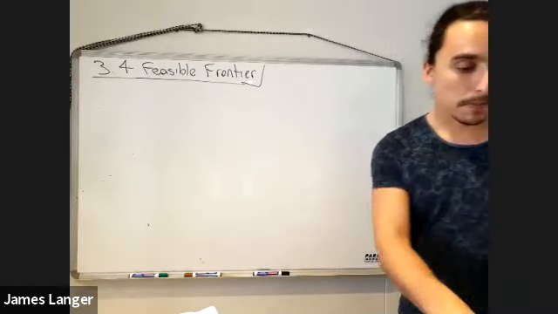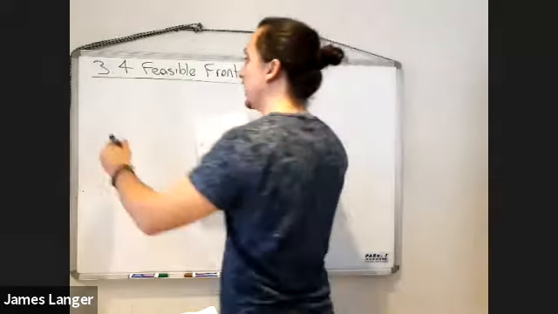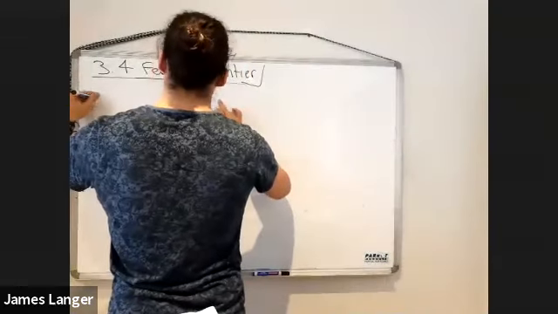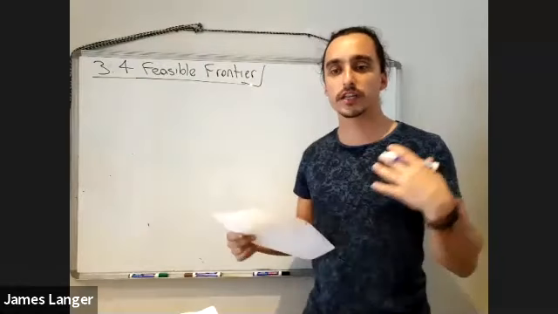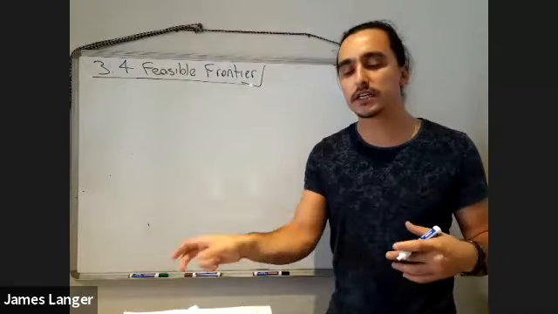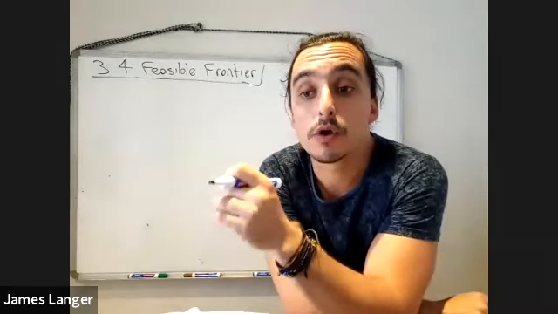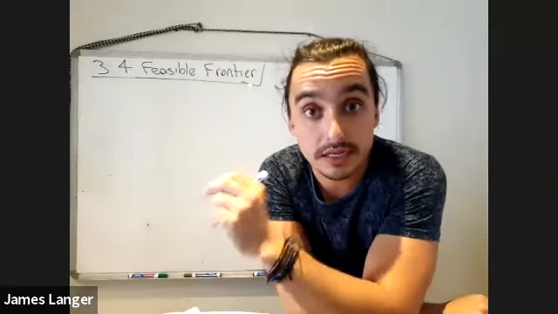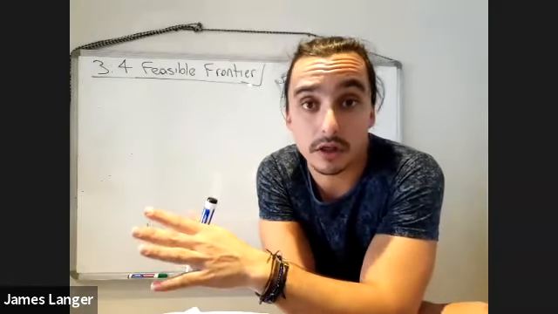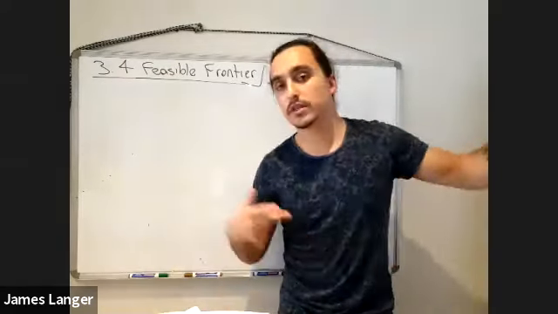What the feasible frontier is going to show us is what are the various options that we can have. We're going to define it just now, but think about what we did with indifference curves. With indifference curves, we were looking at what are the options that yield the same utility. So they were theoretical. It was like, this many pizzas, this many Coca-Colas, they give me the same utility.